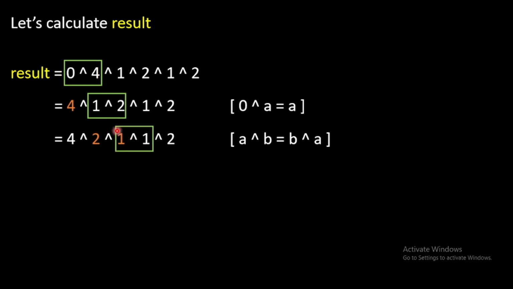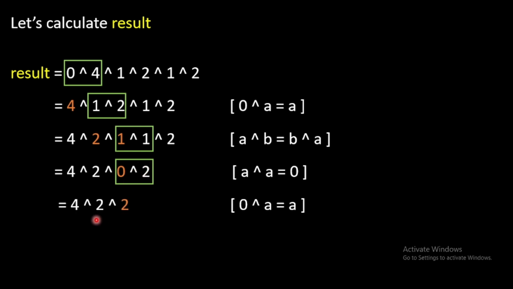Now after that we will consider the operands in this box. Here both of the operands are the same, so our output will be 0 in this case. Now let's consider the last two numbers. So 0 XOR 2: any XOR with 0 will keep the other operand unchanged, and that will be the output. So this time the output will be 2.